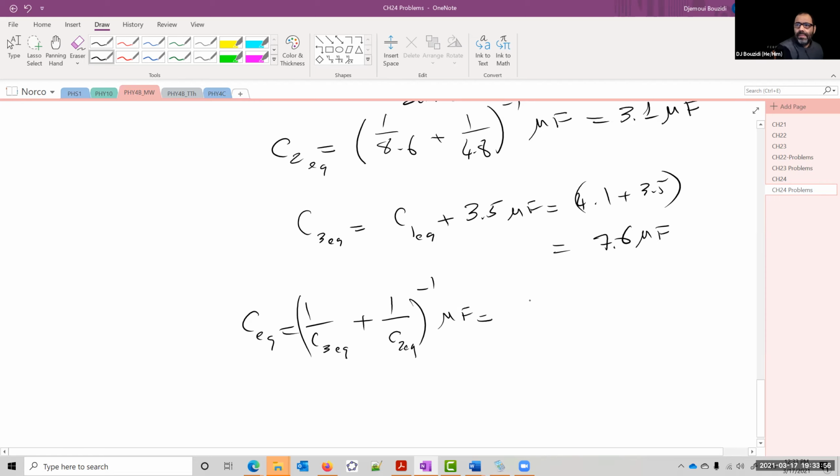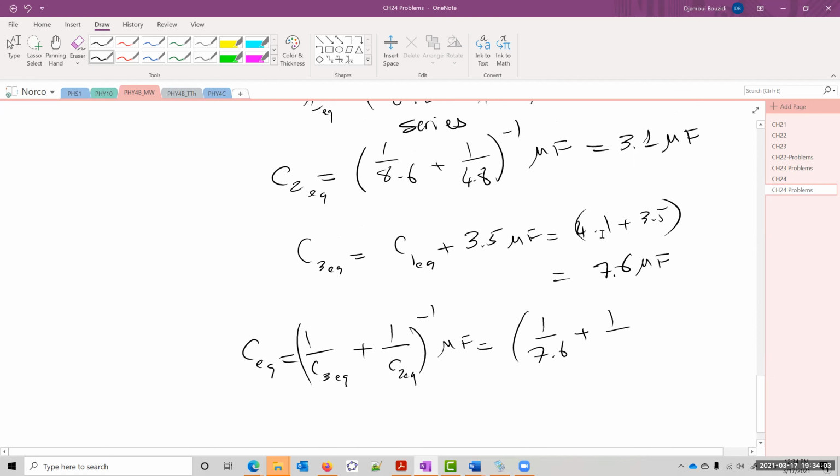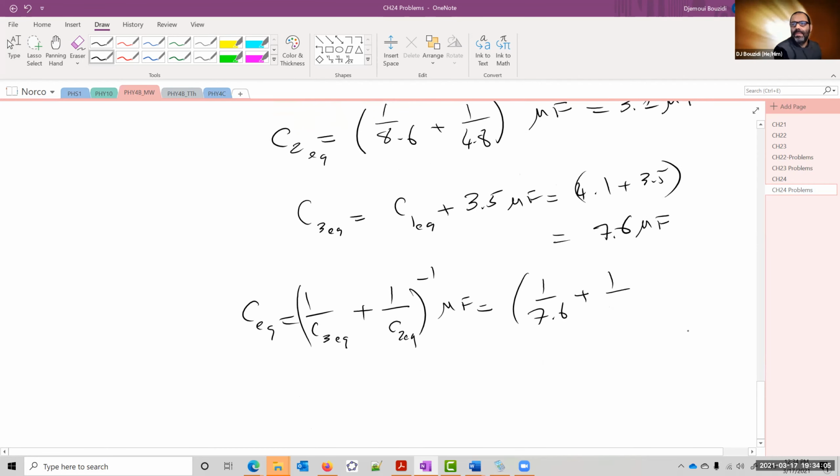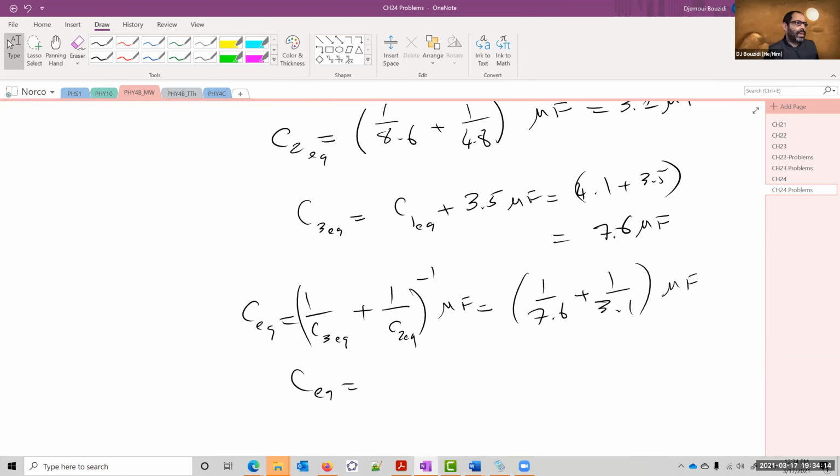So this one is 1 over 7.6 plus 1 over, how much was it? 3.1. And the answer is going to be in microfarads. So C equivalent is going to be equal to, again, I need the calculator here quickly. So it's going to be 1 over 7.6 plus 1 over 3.1. And the whole thing is to the negative 1 power.